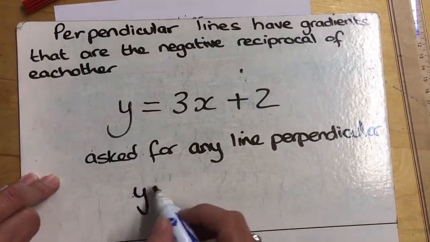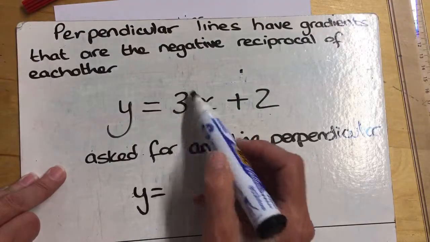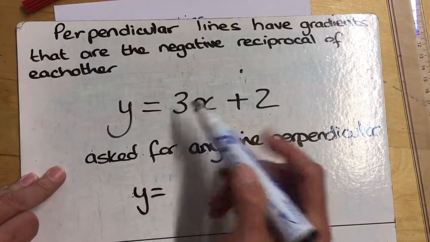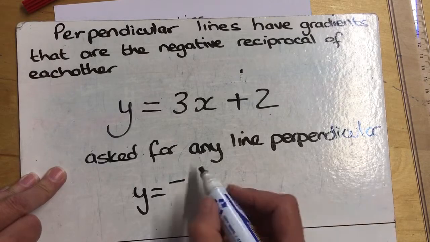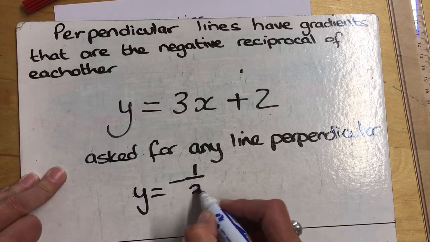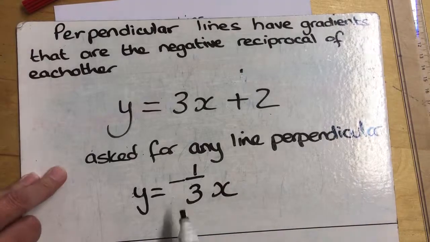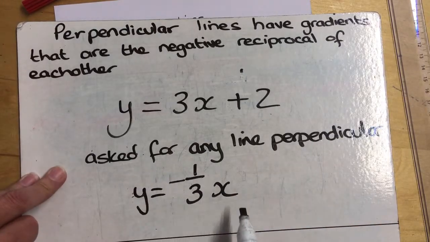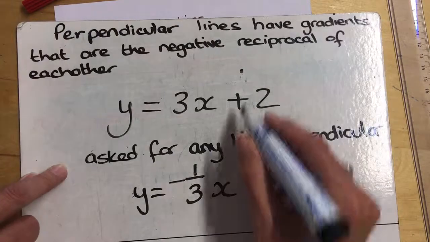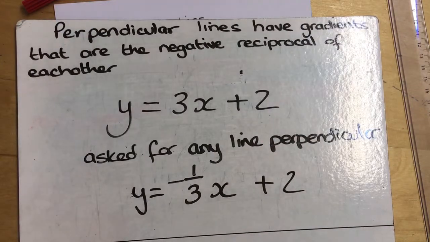We would say y equals, then we need the negative reciprocal of 3. The negative reciprocal of 3 is minus 1 over 3 x, and then we can write whatever we want here, because we're asked for any line perpendicular to this, so we could put plus 2 if we wanted to.